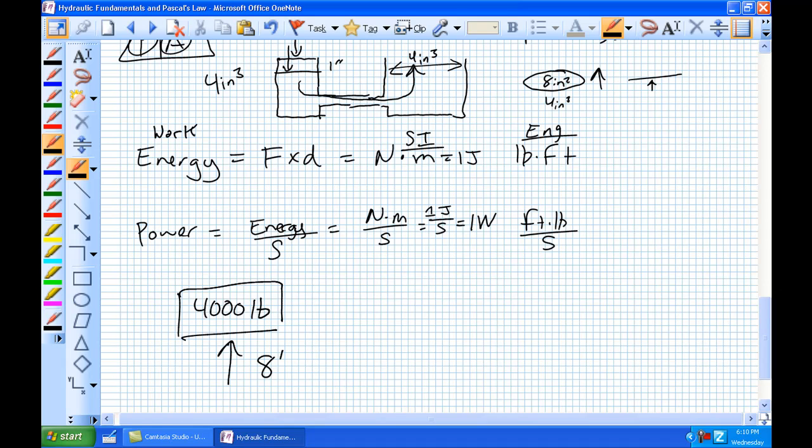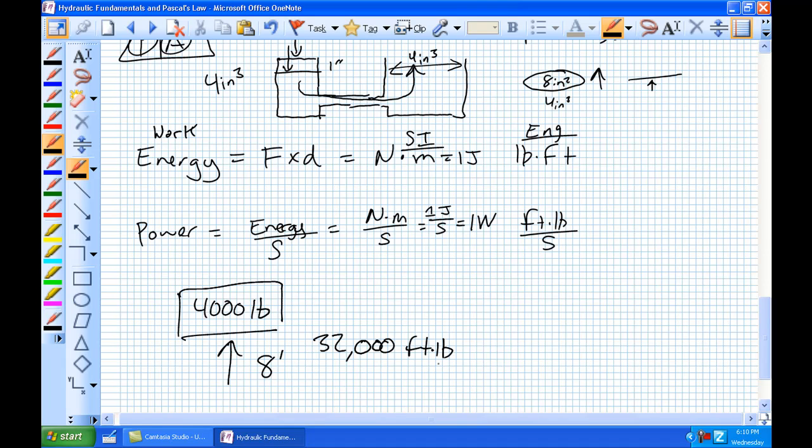Energy is the capacity to do work. So 4,000 pounds times its distance, the force times its distance, 32,000 foot-pounds.